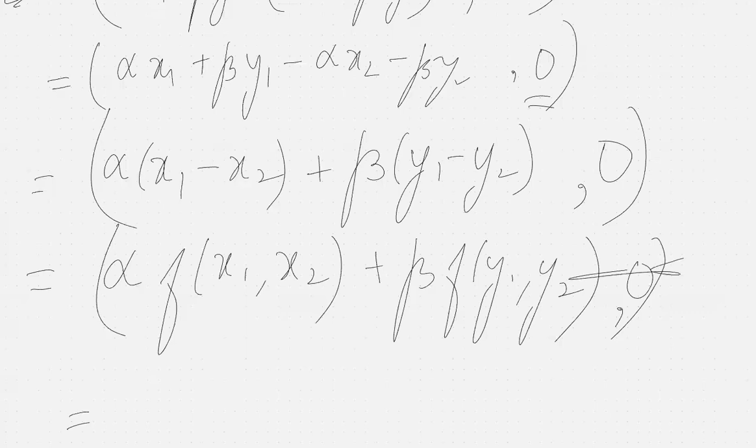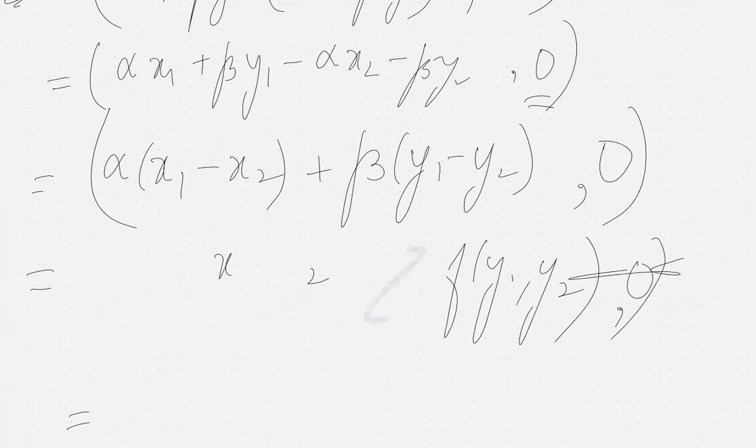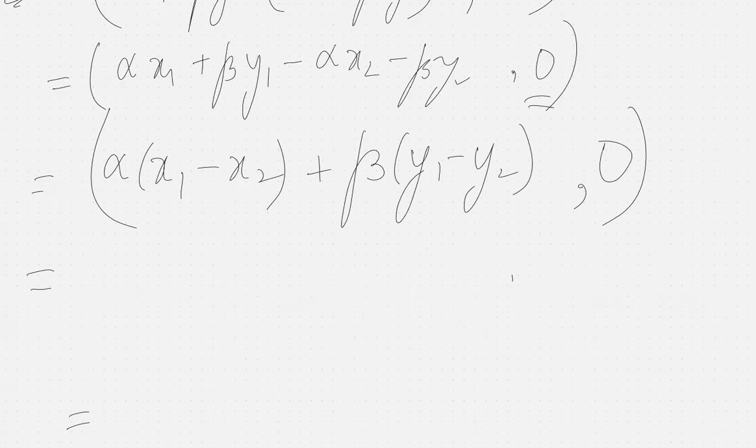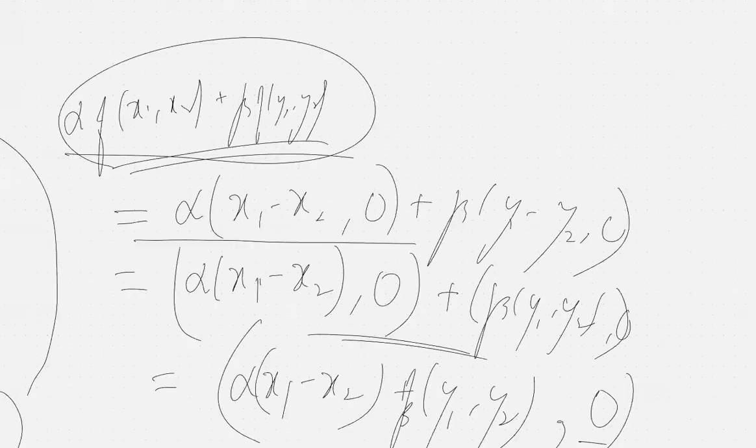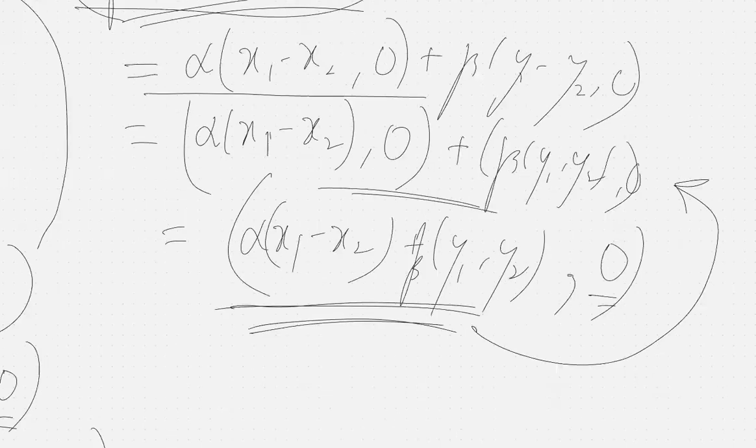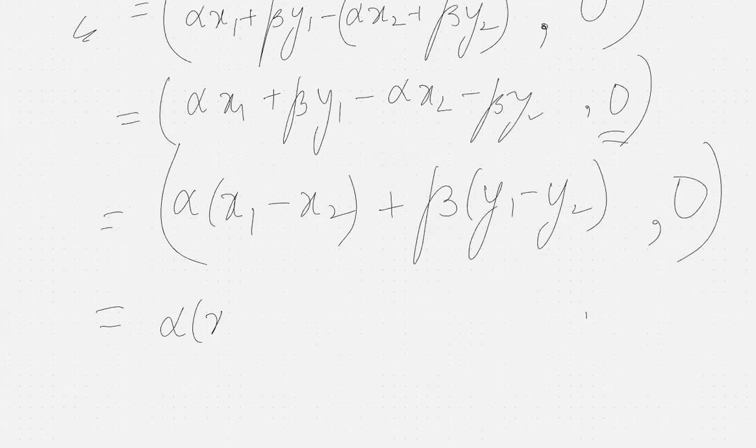Let me just erase. What mistake did I make? Before writing into the form of the function, we have to separate it into two. How to separate it? See, this thing is equal to this thing. So we will separate it as alpha x1 minus x2 comma 0 plus beta y1 minus y2 comma 0.